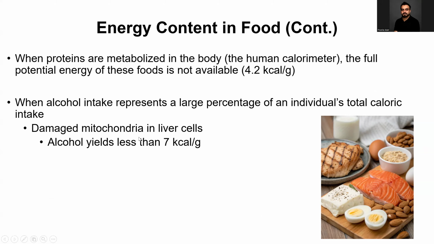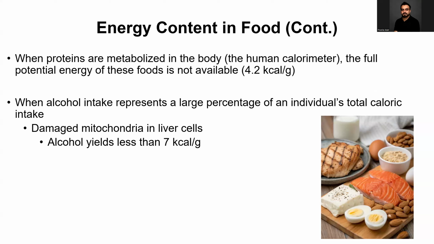And mitochondria are small organelles inside cells, kind of energy plants inside the cells, where we get ATP. ATP is produced, except for the glycolysis process, the oxidative energy system occurs inside the mitochondria.